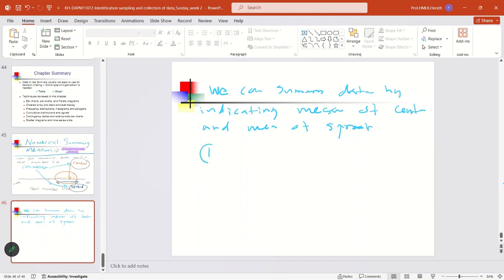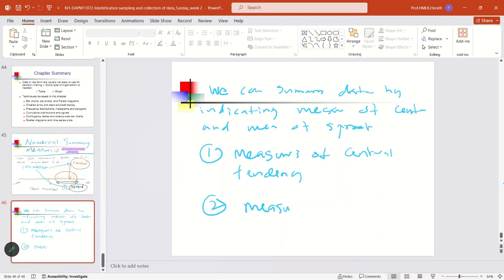They are respectively called measures of central tendency and, second, measures of dispersion.